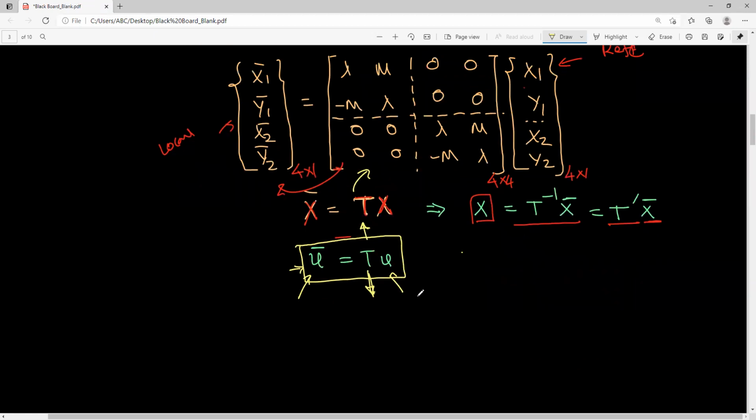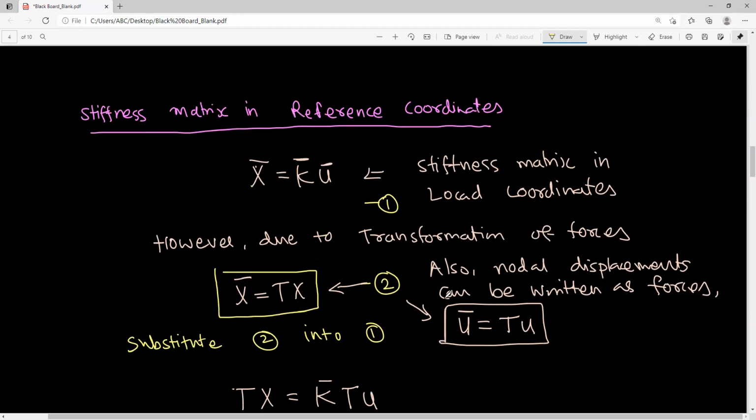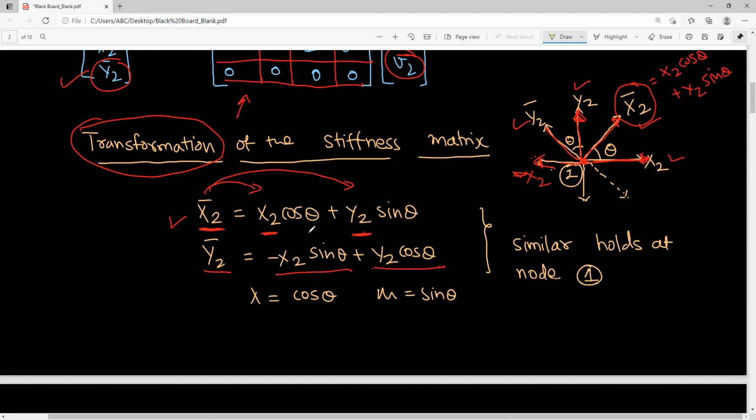Okay, now how to obtain the K matrix in the global coordinate system? By simple algebraic manipulation. The stiffness matrix in the reference coordinate system. We have already established the stiffness equation, which I am referring to again here.